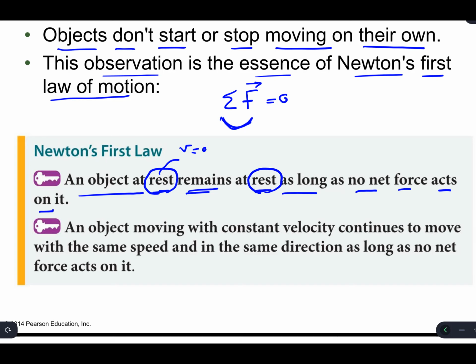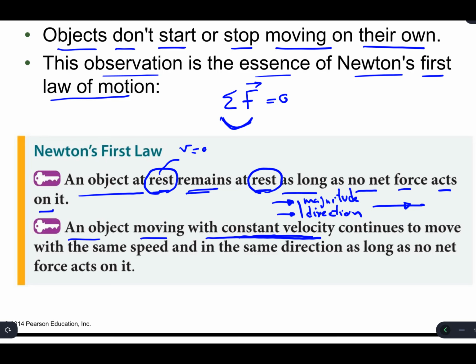And an object moving with constant velocity. We said that velocity has magnitude and also direction. So when you say constant velocity, the magnitude doesn't increase or decrease, and also the direction is a straight line. That means constant velocity.